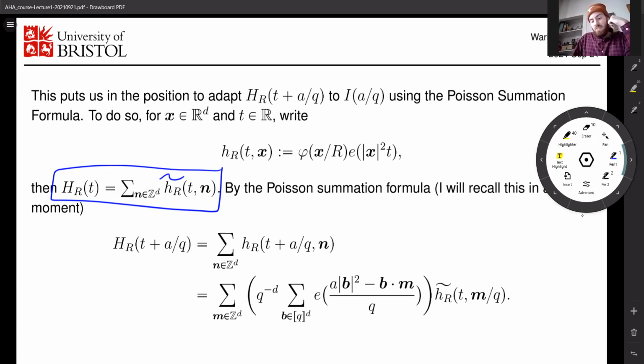Now, the thing that intervenes here is this shift A over Q. We want to exploit that. We know that when I take T to be 0, so that I'm looking at the rational point, HR of A over Q, I know this can have a lot of cancellation depending on Q, or a lot of constructive interference too.